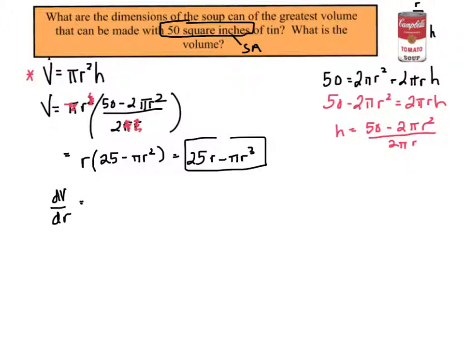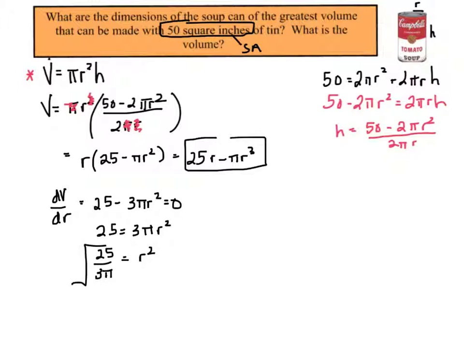Okay, we got the derivative is 25 minus 3 pi r squared. We set that equal to 0. So 25 is equal to 3 pi r squared. So 25 over 3 pi is equal to r squared, square root, like this.